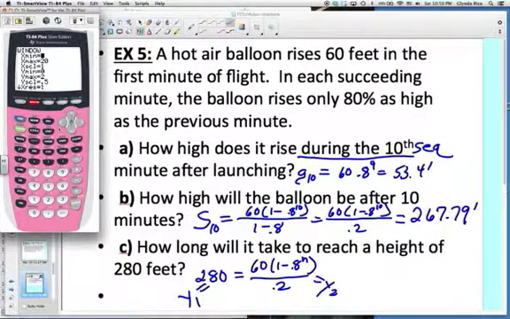So for my window, let's go 0 to 15 minutes. And let's go our height 0 to 300. Let's see if we can put tick marks every 20. They might run together too much. Not bad.